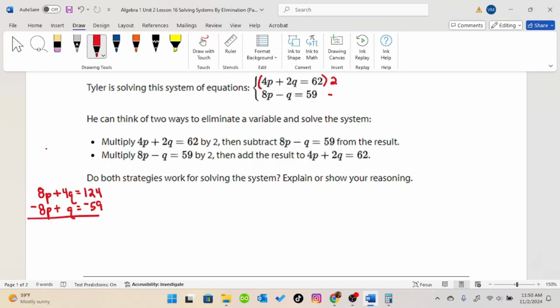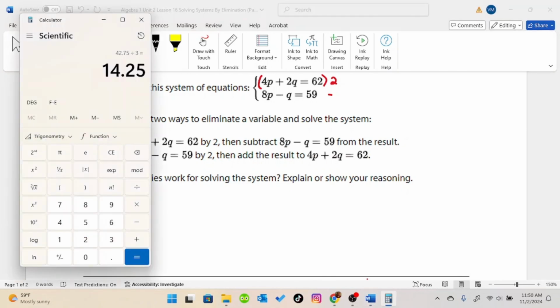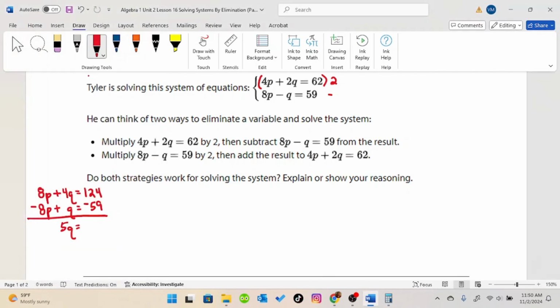Now, 8p minus 8p is 0. 4q and q is 5q. And 124 minus 59 is 65.